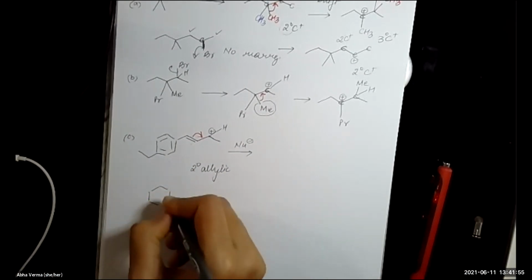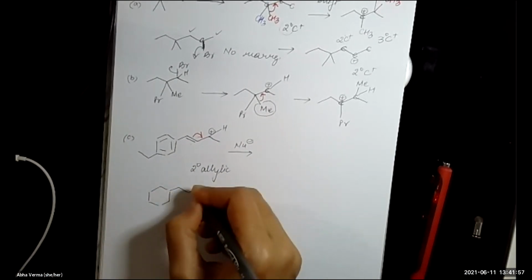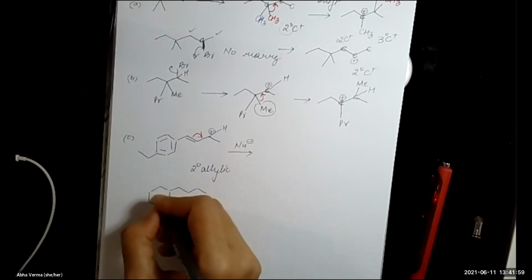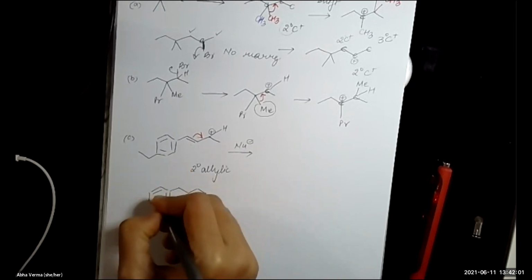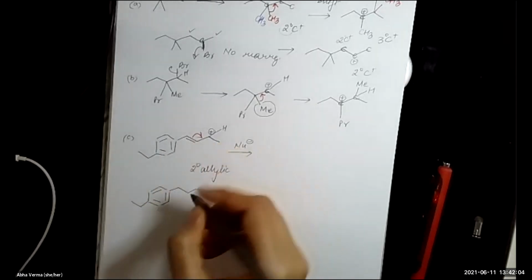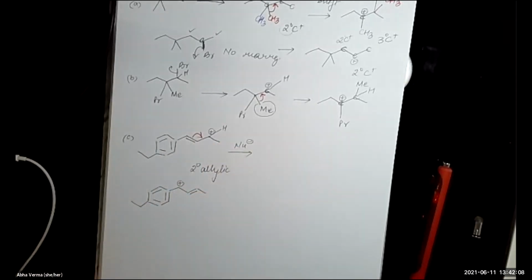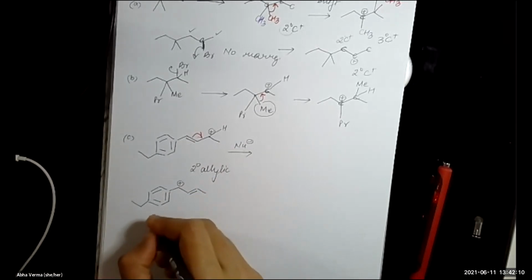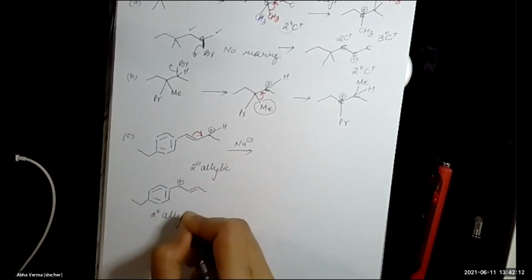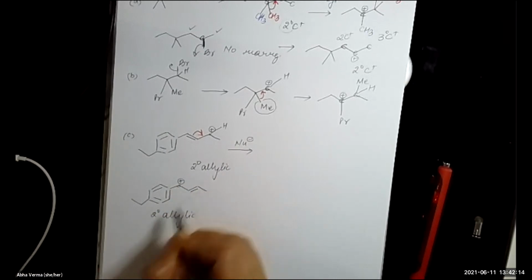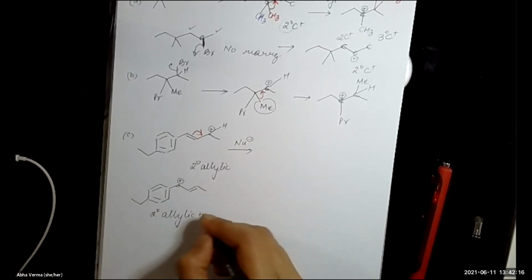Remember, module 3 is not going to leave us. I'm going to keep everything exactly the same and let me do this resonance. Benzylic and allylic carbocation. Exactly. This is still secondary allylic, but also benzylic.